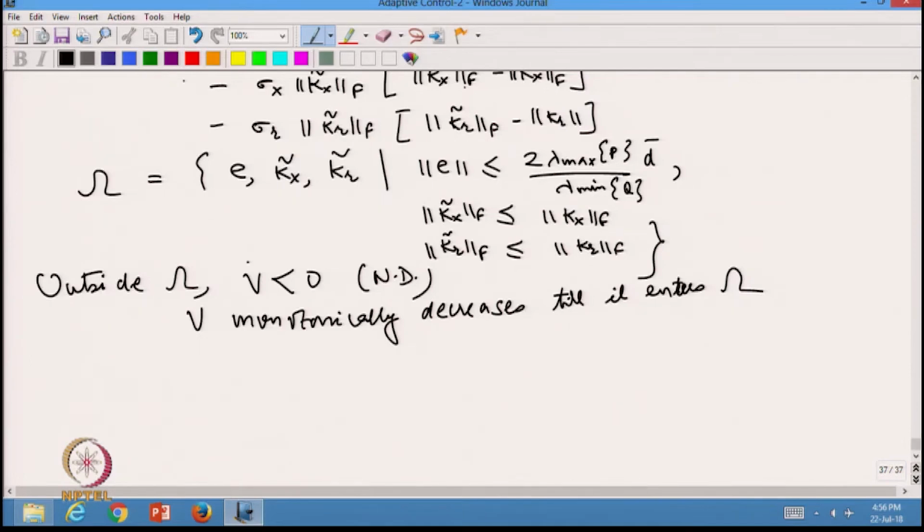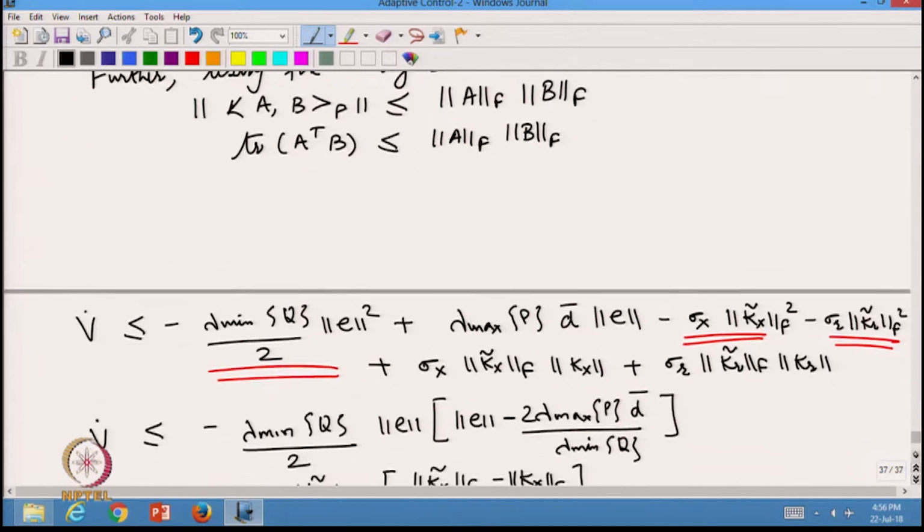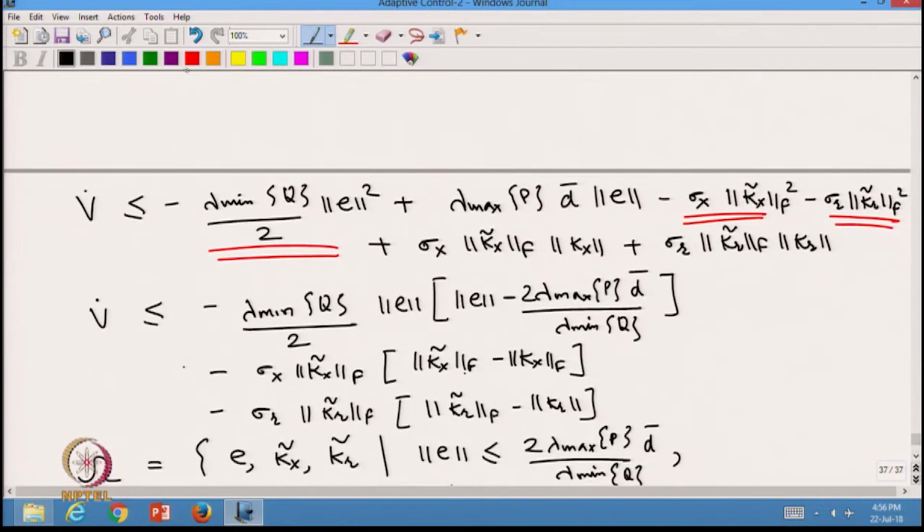Alternatively, we can do this analysis in a more rigorous way. So, we can either prove by using the method that I have just shown, or we can proceed with the Lyapunov analysis starting from, say, this equation. So, let us call it equation star.